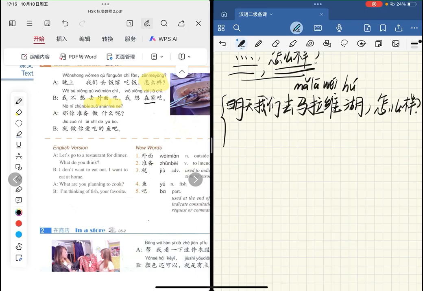B answers, 就做你爱吃的鱼吧. I'm thinking of fish, your favorite. B knows that A really likes fish, so B decides to make the fish that A likes. 就做你爱吃的鱼吧. 你爱吃的, your favorite.